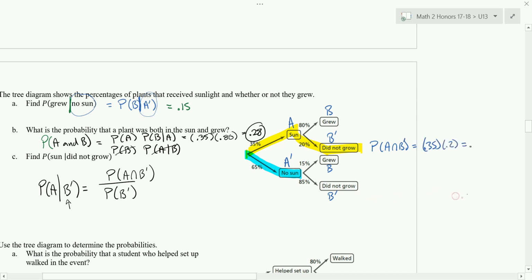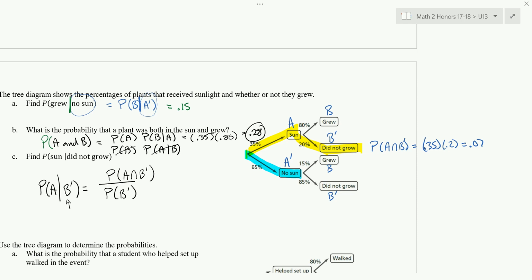And we get 0.07. Check me on my math. Am I right? Or is it 0.007? What's that? 0.07? 0.7. Well, 35 times 2 is 70. And you got 3 decimals, so it'd be 0.07.